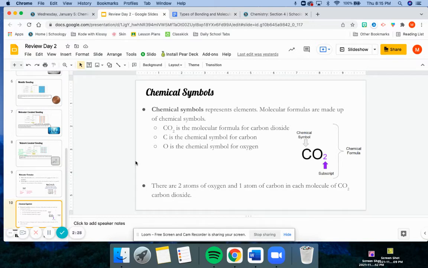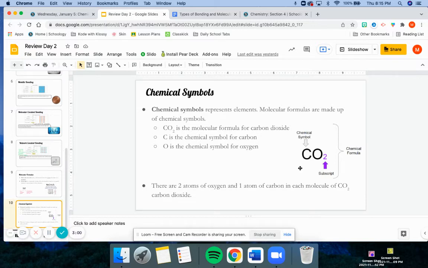with a capital letter. So in this molecular formula for carbon dioxide, CO2, I can tell that we're talking about atoms of both carbon and oxygen because both the C and the O are capital. If that O was lowercase, if it said uppercase C, lowercase o, and then a subscript 2, what I would be looking at is a molecule made up of 2 atoms of the element cobalt.